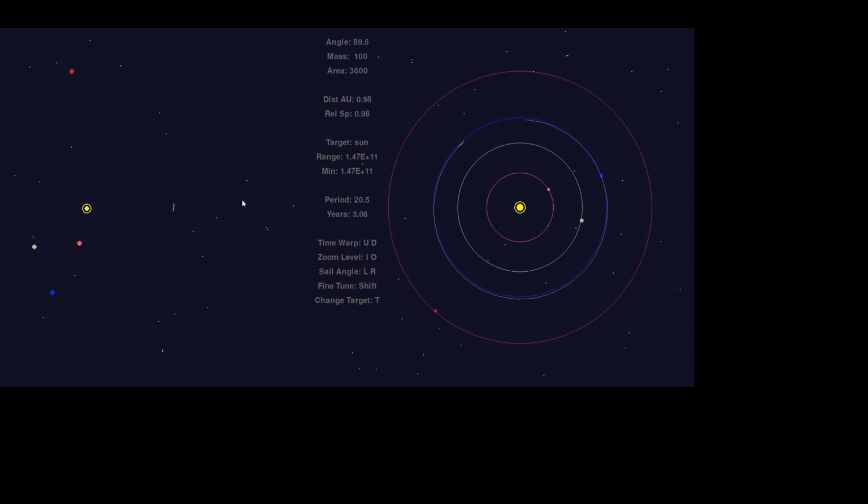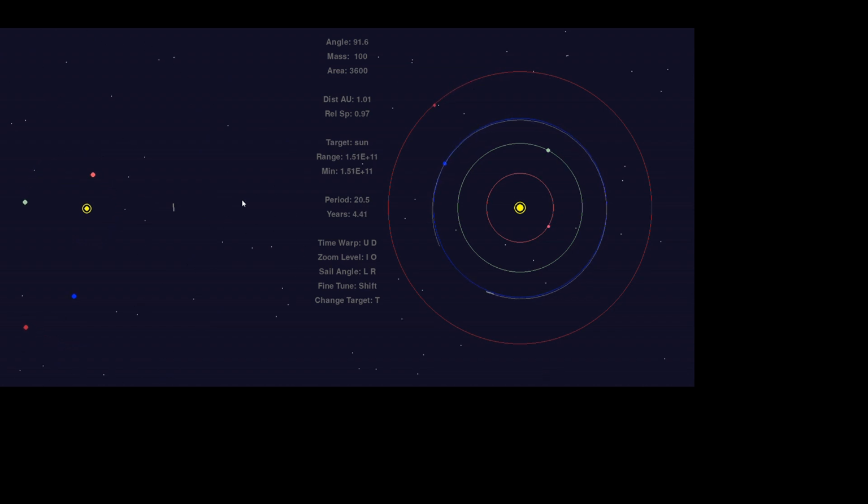In the center of the screen, I have what's calculated to be the distance in astronomical units. So you can see the sail is approximately 1 AU from the Sun, which is what the Earth is, and then the relative speed is the speed that it's traveling at that orbit with regards to the Earth at that same orbit.